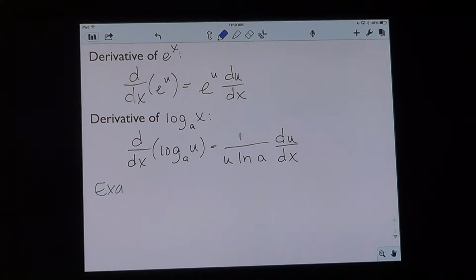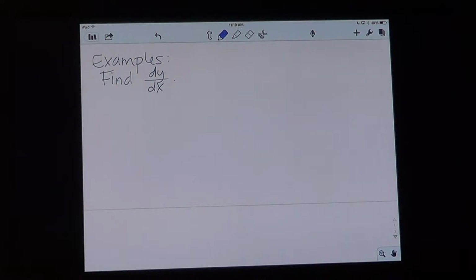So find dy/dx of y equals e to the x plus x squared.